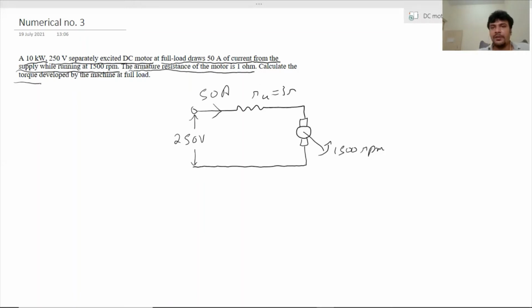Here I would like to point out that whenever a question asks you about the torque of your DC motor, you always have to concentrate on what is the current being taken by the motor at that time, because torque is related to current. Higher the current, higher will be the torque.